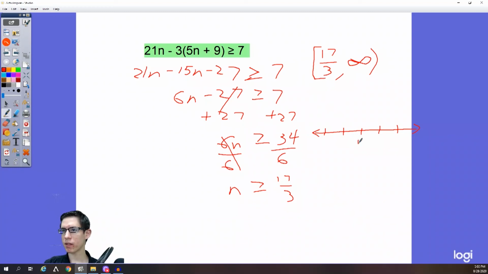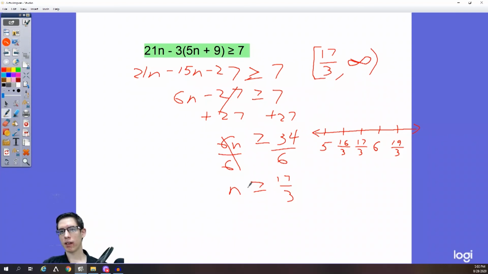So let me put 17 thirds here. We'll make this one 18 thirds or 6. And this one's going to be 19 thirds. This will be 16 thirds. And this will be 15 thirds or 5. Okay. Hopefully that makes sense.